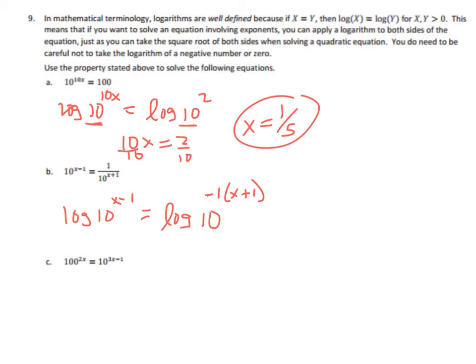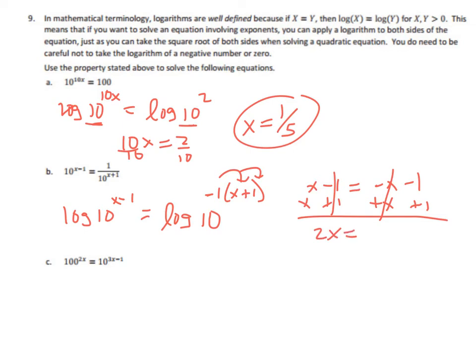So I basically get x minus 1 equals, and then I would distribute the negative sign on both, so a negative x and a minus 1. I'll add x to both sides, and I'll add 1 to the other side. And what happens? That cancels like we're supposed to. You get 2x equals 0. So x, when you divide by 2, is going to be 0 as your answer.